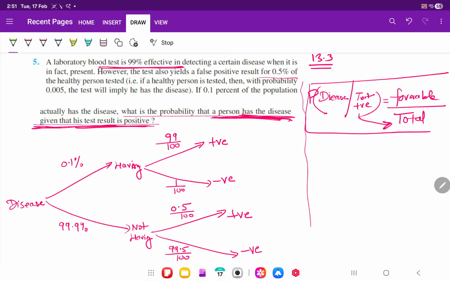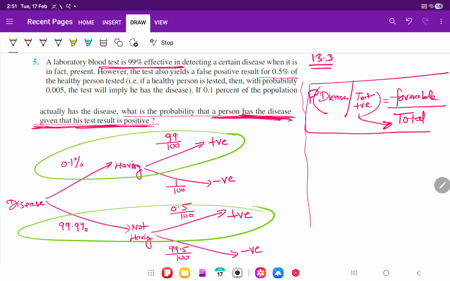So what are the cases where the test is positive? Having and positive, or not having and positive? Out of that, which one is favorable? They are saying that a person has the disease, so this is the favorable condition that he has it, correct?